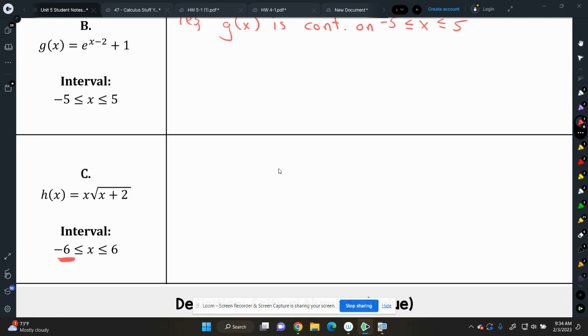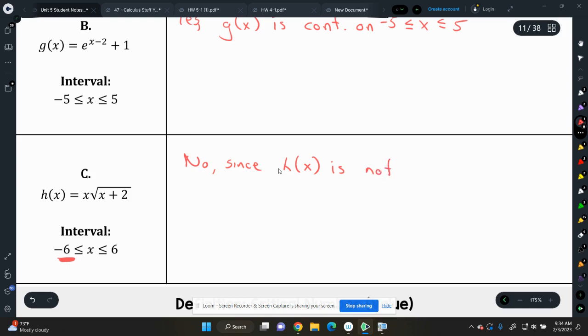Okay, so we're going to say no, since h of x is not continuous for x less than -2. Did I say that right? Right.